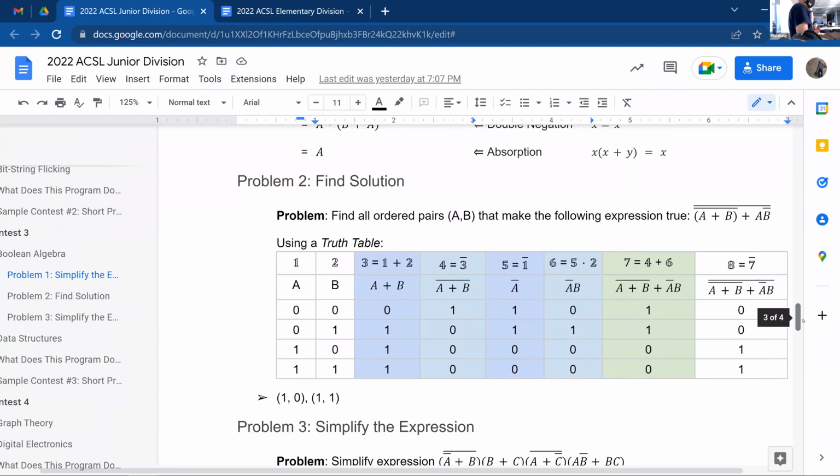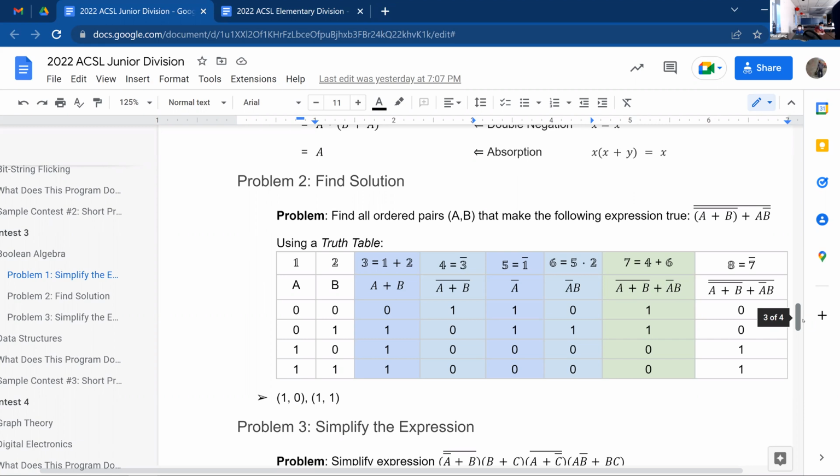The truth table basically is something like this, because they give you this expression. In that expression, you have two variables, A and B. With Boolean, we're dealing with binary values.